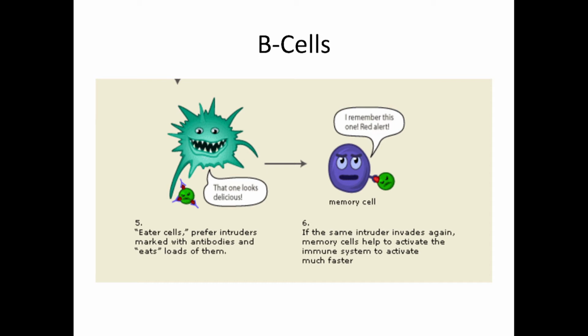They will eat other things, but they prefer things that are marked with antibodies, and they will go after those specifically. So once something's been marked with an antibody, then it's going to go target that. And the memory cells are going to hang around, and if that same thing comes back, then the memory cells will remember it and go, hey, wait, this is important, and start this chain much faster.